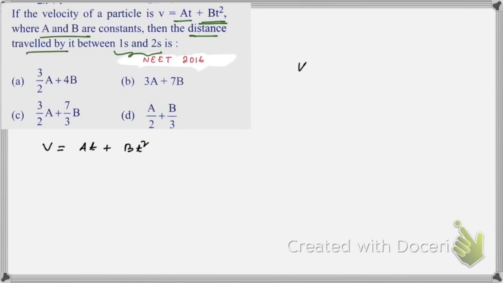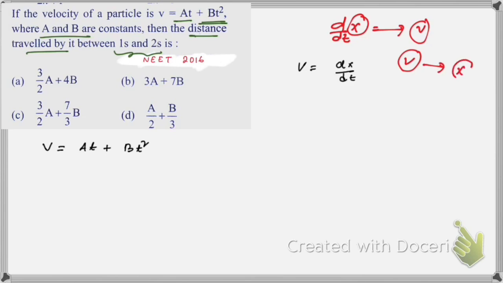So we know that velocity is the time derivative of x, right? When the displacement x, that means the position, is given, and you need to find velocity, then we simply differentiate x with respect to t, right? But when velocity is given and you need to find displacement, what are you going to do?